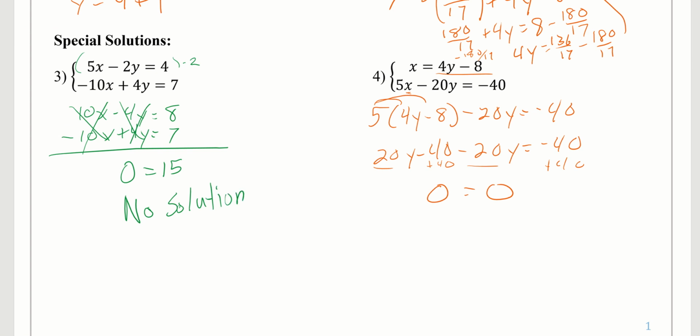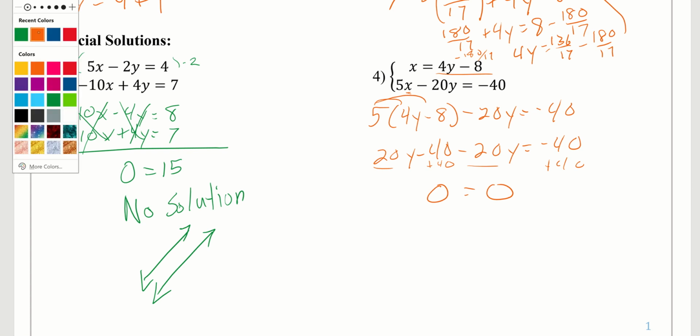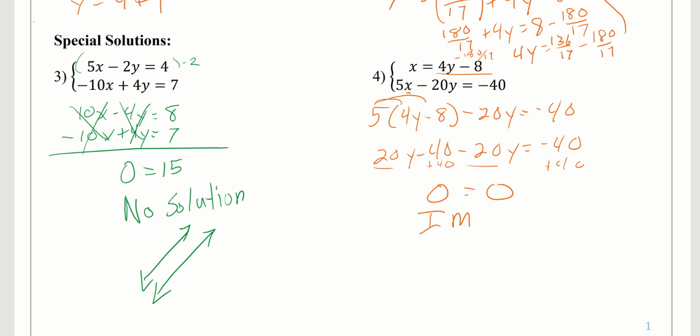So think about two lines that would not intersect each other, and so that would be two parallel lines. Cool, so they never touch, so therefore we don't have a solution. Whereas this one is called infinitely many solutions.